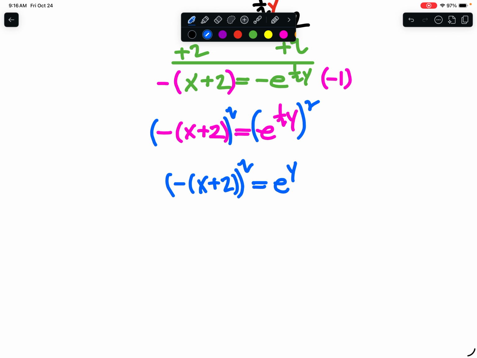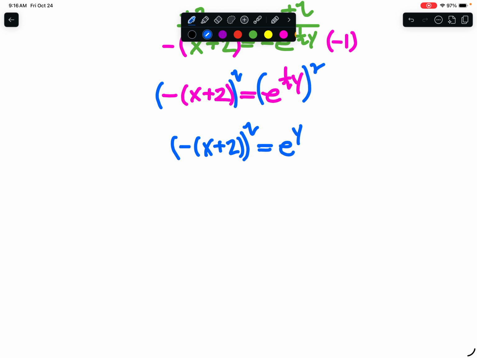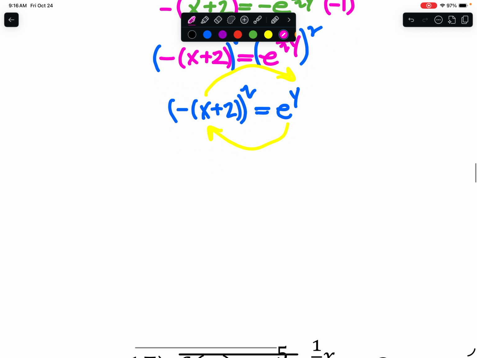E raised to the y. There we go. So this is one way to do it. I'm kind of doing it in a more complicated way, but it all works. Okay, and then I'm ready to convert. So because I have e as a base, that means I need to use a natural log. So I'm going to have the natural log of negative of x plus 2 squared equals y, and then you're going to flip it over.